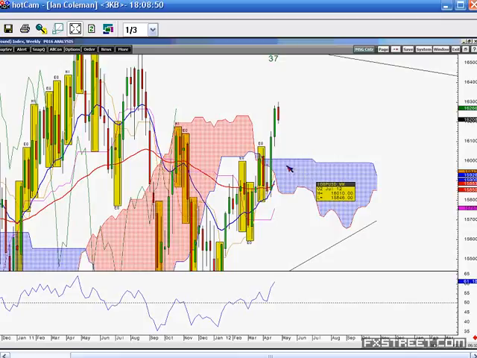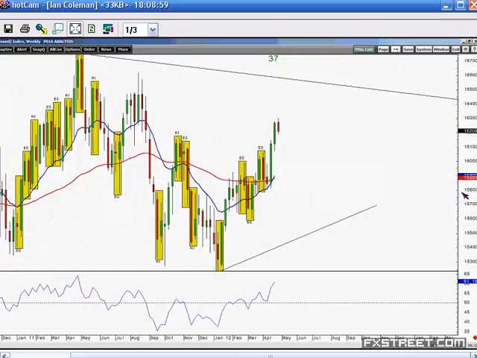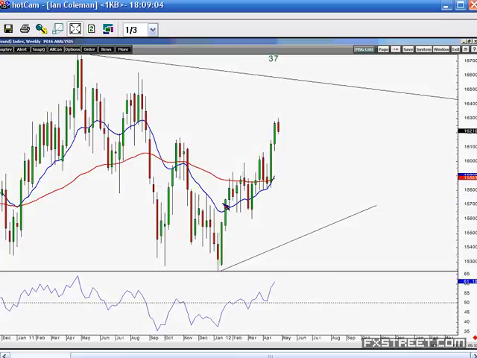I can remove the cloud, and I can keep on putting it back on. Somebody's just asked if I could remove the cloud to make it a little easier to look at. I'll also remove these candle formations, and then I'll put them back on when I see breaks and stuff like that. I don't find them that confusing, to be honest.